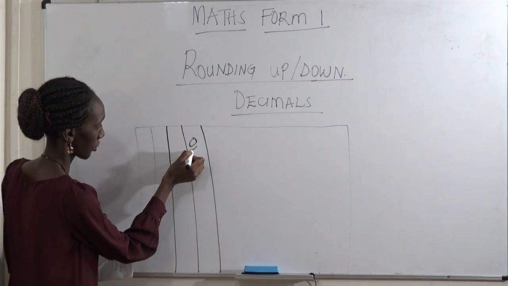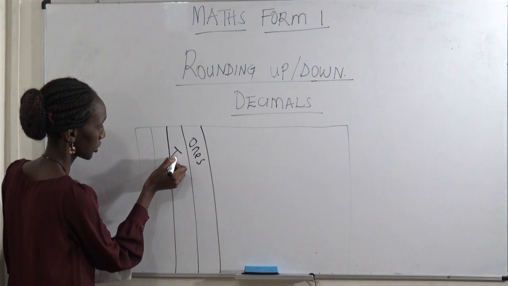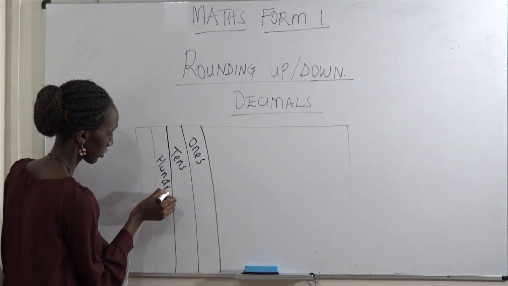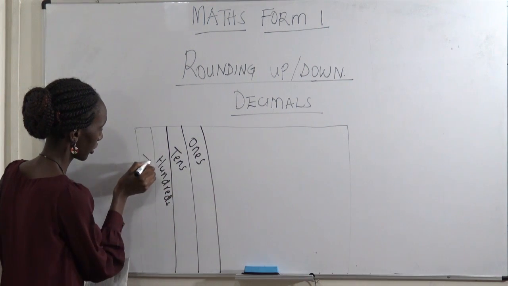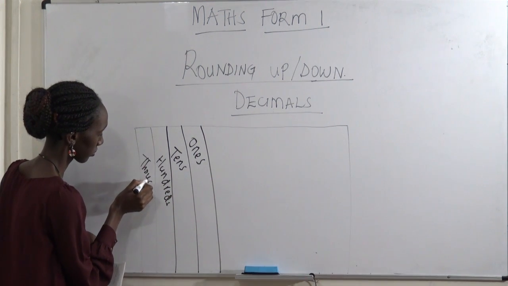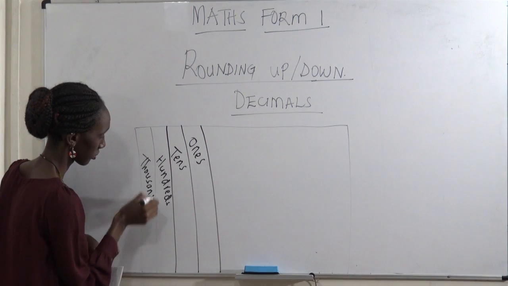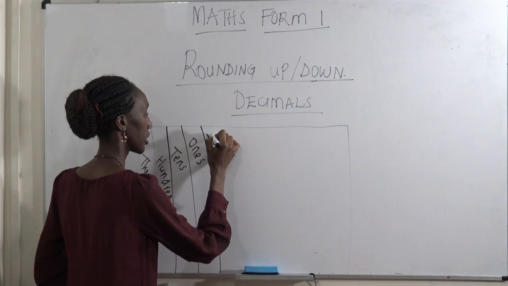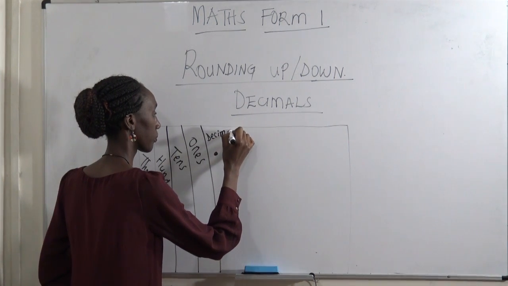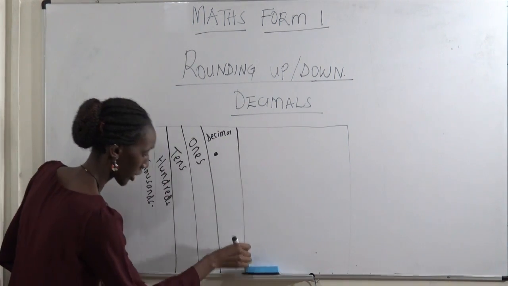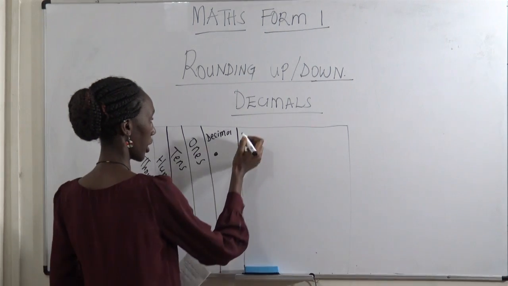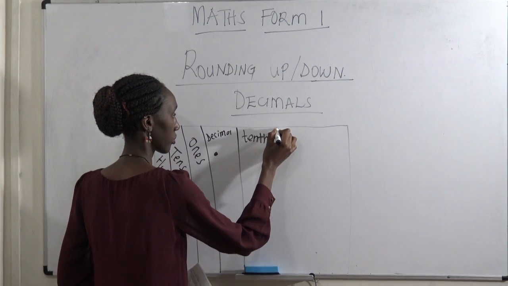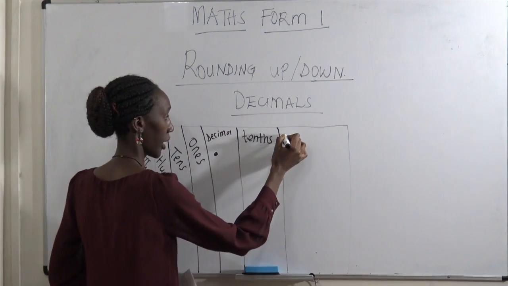So if I start here from ones, then I go to tens, I go to hundreds, I go to thousands. So in between here is where I have my decimal. So here I have my decimal. Then immediately after the decimal, I have what we call the tenths. Then I have hundredths.